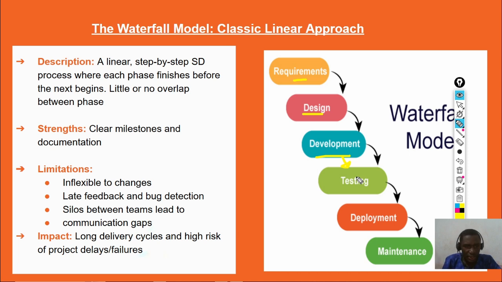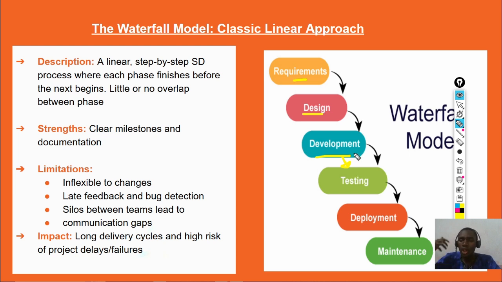You are going to detect bugs late, and even when these bugs are detected late, you will not be able to change them at this particular phase. You will have to push everything to the next sprint, and that is when you will be able to make the changes required regarding the problem that you have faced. So you have late feedback.